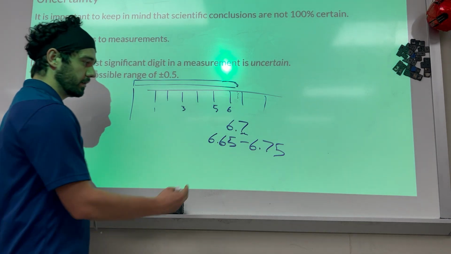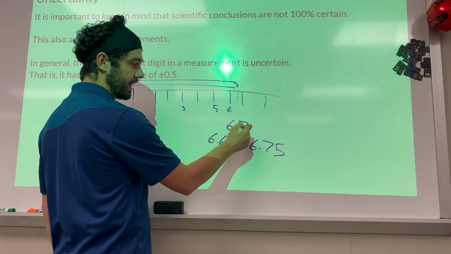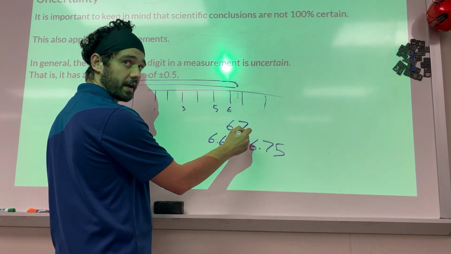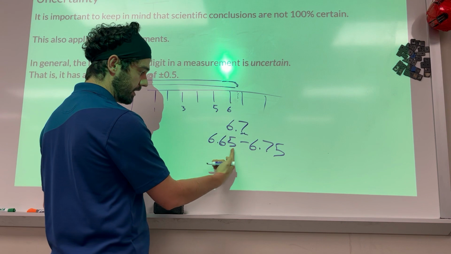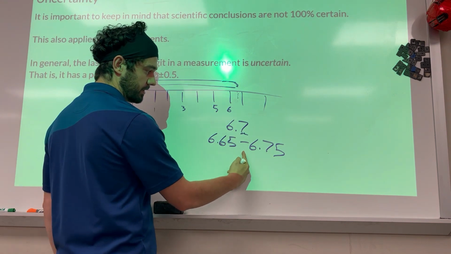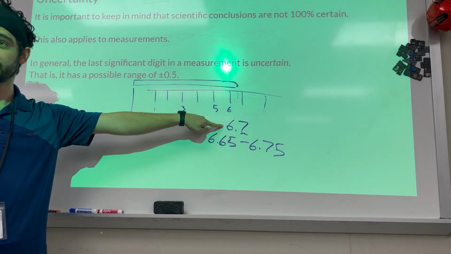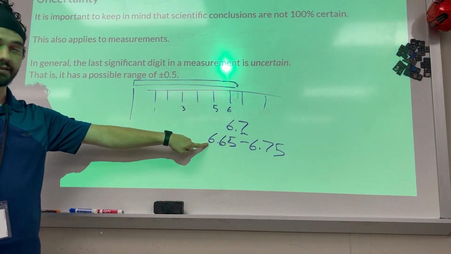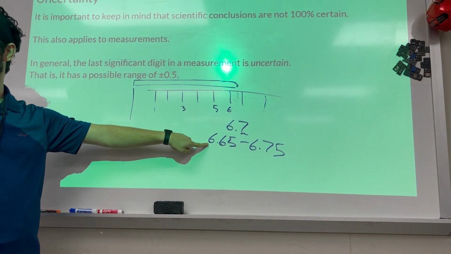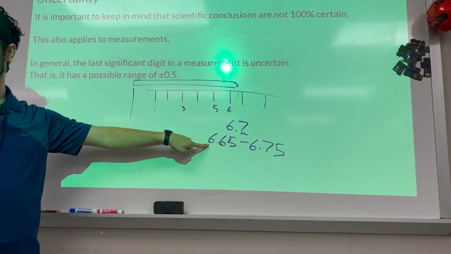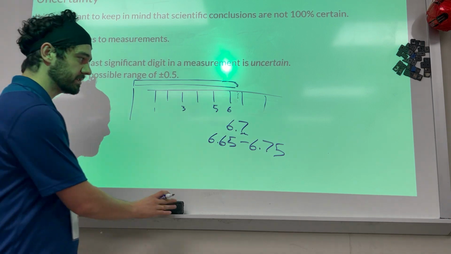See how I went, half of a tenth is 0.05. So I went half of this place value here and then half of that place value above. So literally by just writing this, you're communicating a range. Kind of makes sense?